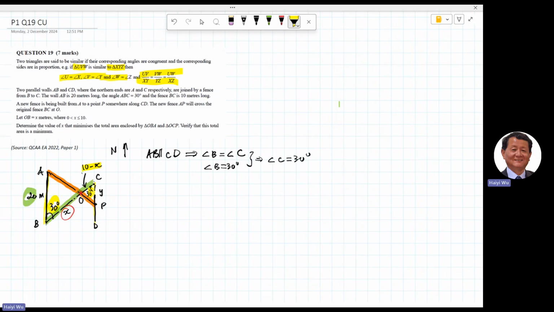Then we also have the opposite angle here. Then for the other parallel lines, if you look at these two angles, they are equal because of the Z diagram.